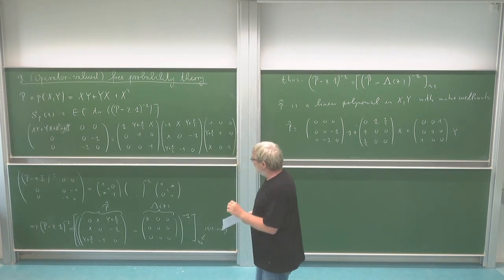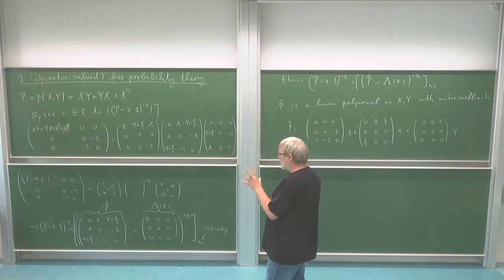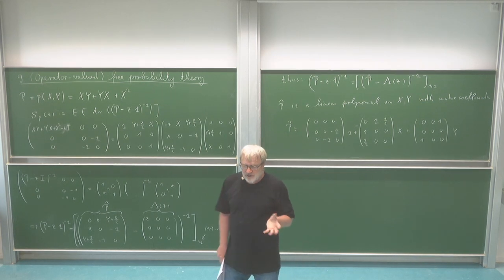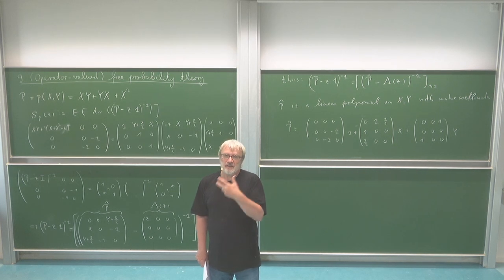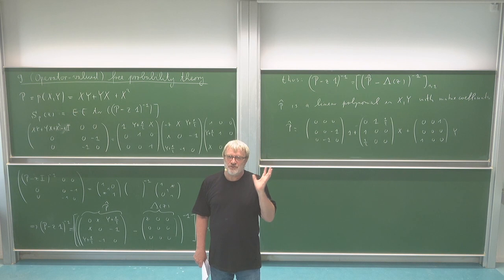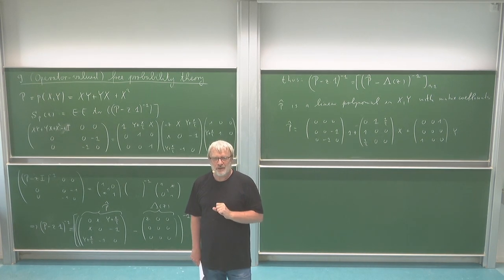And the point is that we can reformulate polynomial, non-linear problems into linear problems, but the price we have to pay is that we have to allow matrices as coefficients. But the good news is free probability has a more general version, operator valued free probability, which allows to deal with such sums.